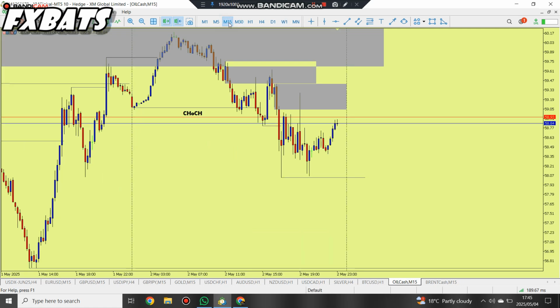Oil, we're still hoping to see a continuation for sellers. If your entries were around here, it's better you hold, because price has already shifted from bullish to bearish, towards the continuation of the weekly trend.